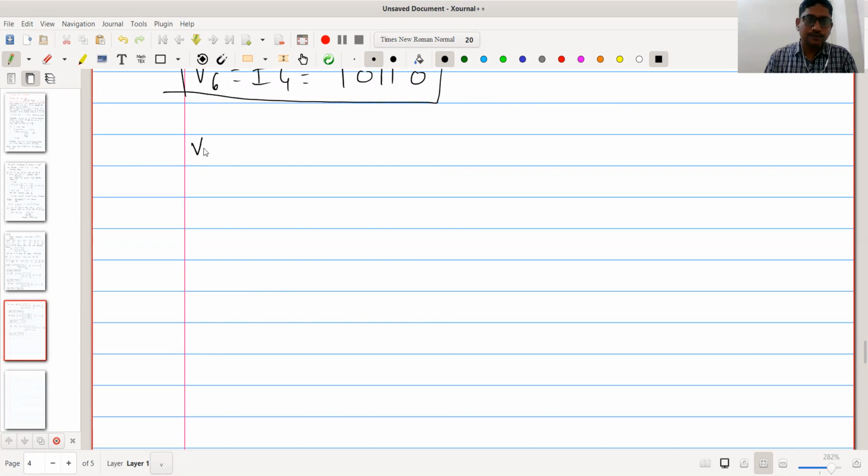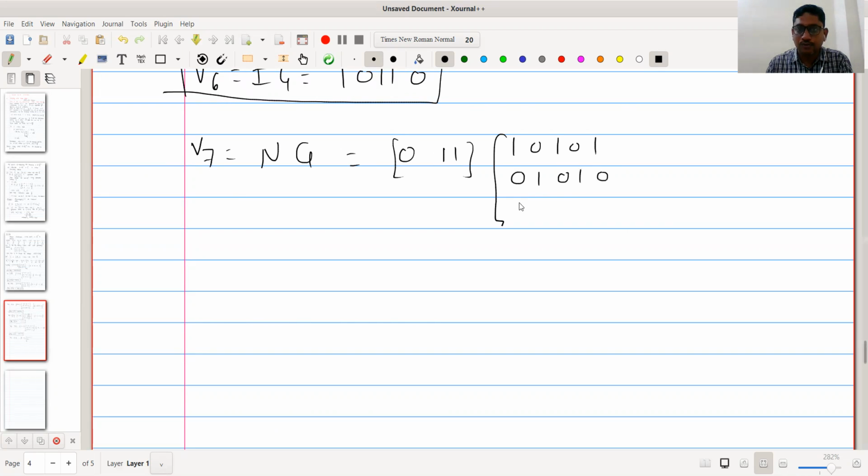Next, V7, small v7. You have to write N into G. After I, N is there. N is represented by 011, and write the generator matrix 10101, 01010, 00011, and do this product. 0 into 0, this 0 is multiplied to each, it becomes 0.